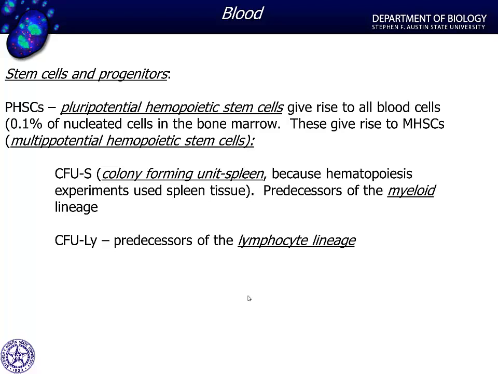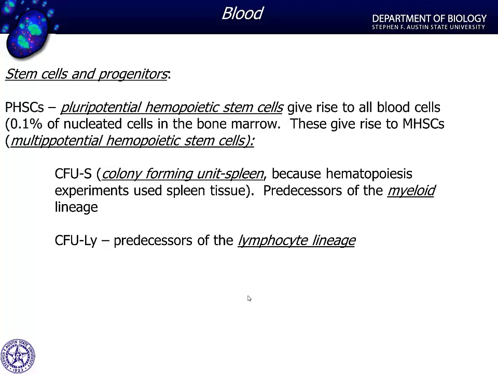stem cells. From these, we are going to the next step then, after when the PHSCs divide, they're going to give rise to multipotential hematopoietic stem cells. And this is where we see a split. So we're going to give rise now to colony-forming unit that's in the spleen and colony-forming unit that's in the lymphocyte lineage.